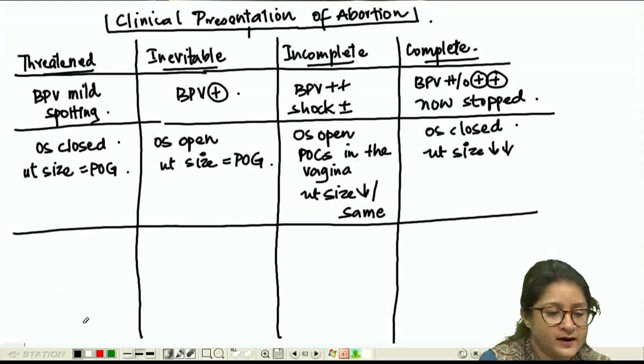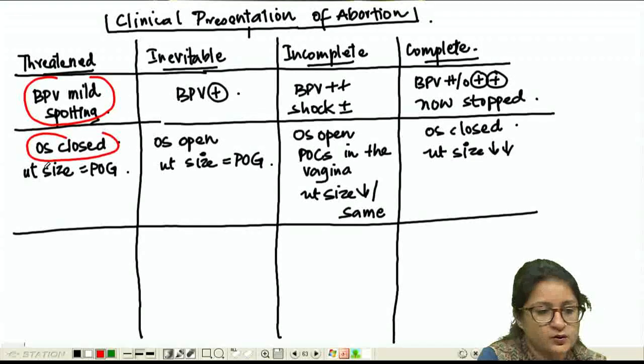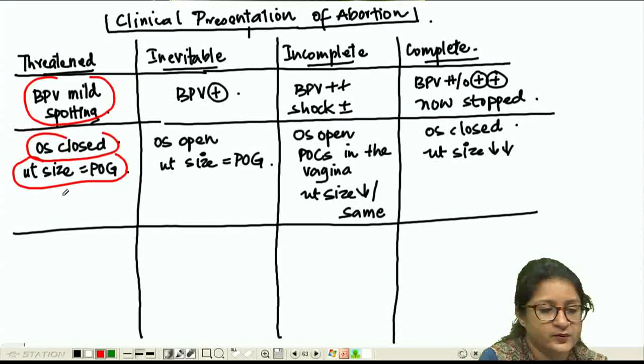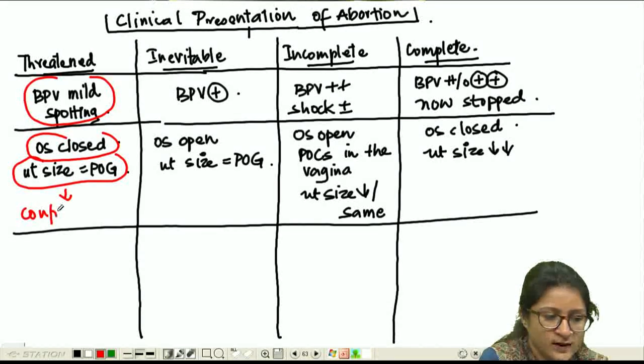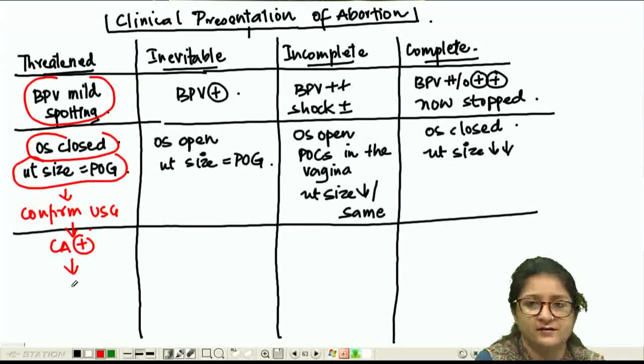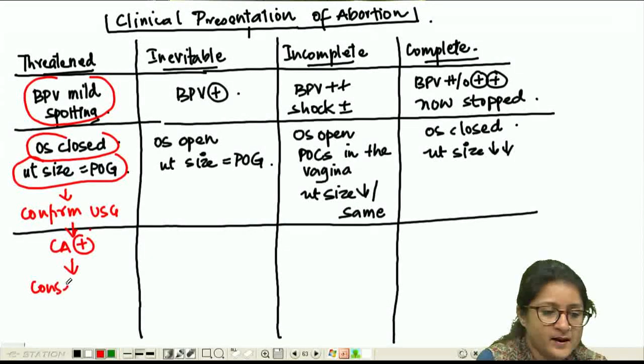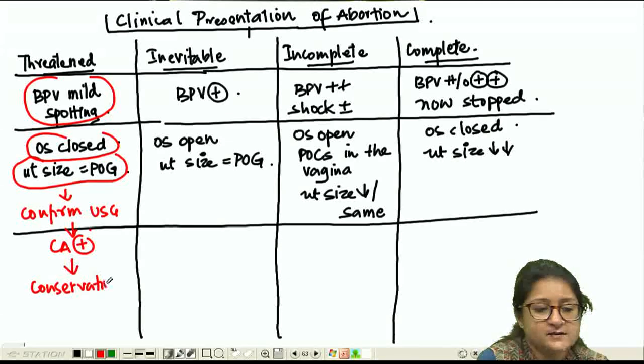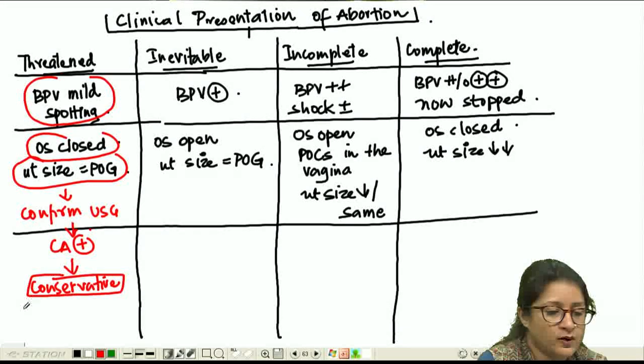Secondly, when we have a case of threatened abortion with os closed and uterus size equal to the POG, we confirm by ultrasound. On ultrasound, we confirm the cardiac activity is present and everything is okay with the pregnancy. The management is conservative. Conservative does not mean any medical treatment; it means just avoid exertion and avoid coitus.